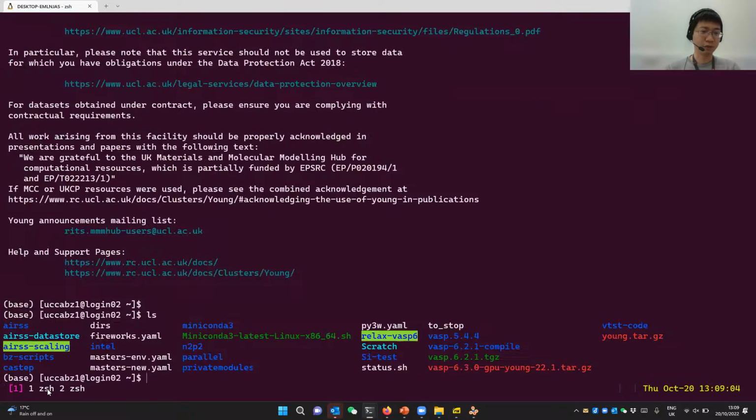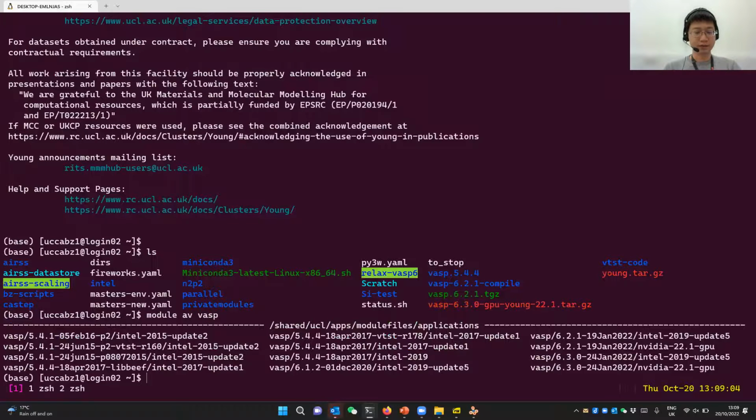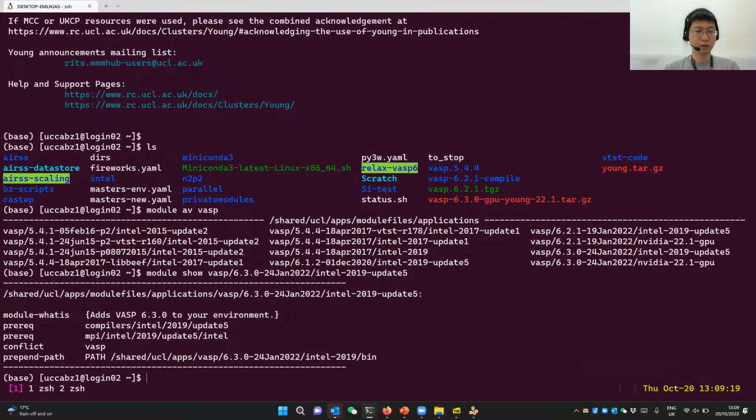Sorry, this is actually on my own computer. If you do module show, say I want to show this one, maybe VASP 6, it will show essentially what compile libraries it requires, and also the actual path of the VASP executable.